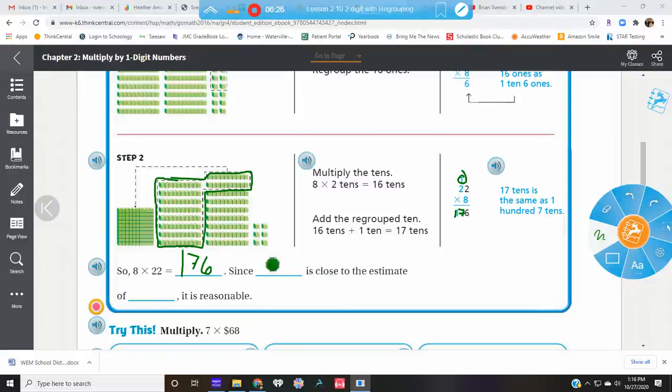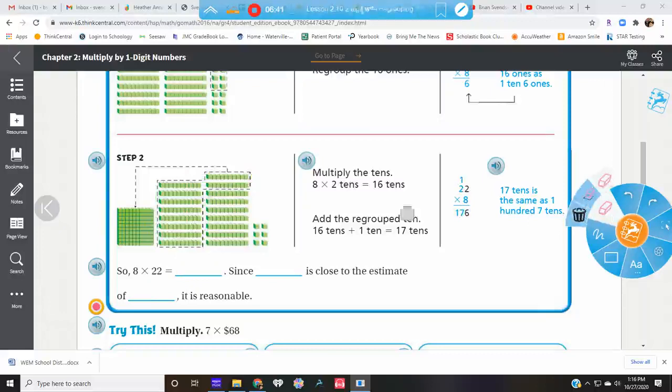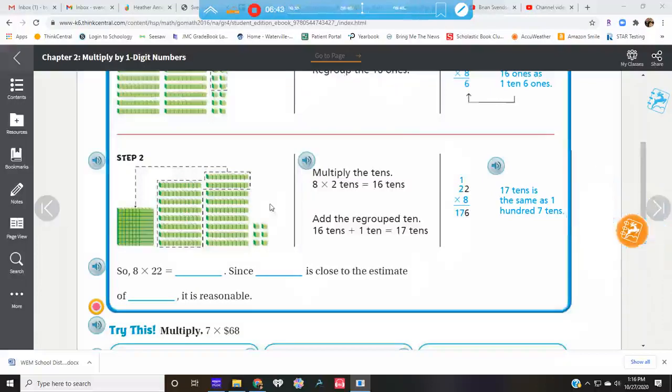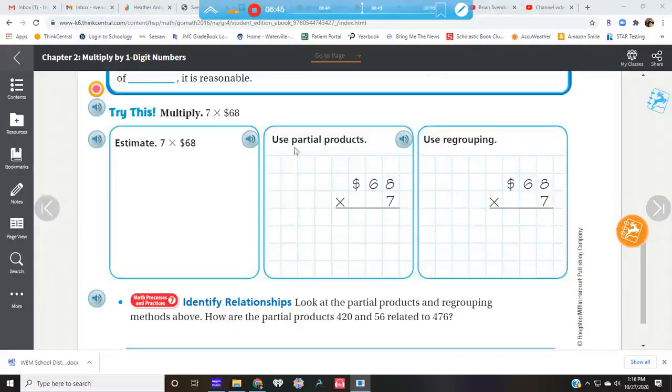Since 176 is close to the estimate, our estimate was 160, it is reasonable. Okay, let's clear this one out. So let's try this one.